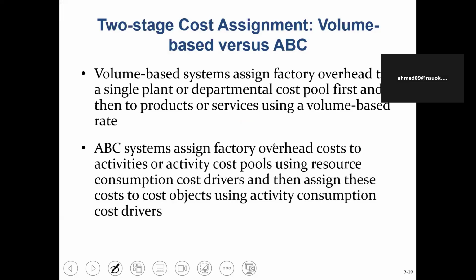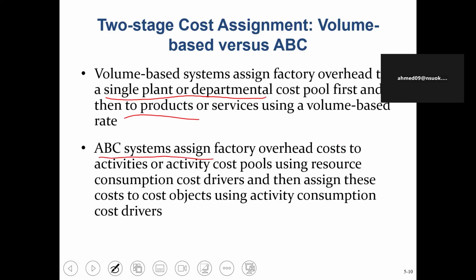The volume-based system: once they calculate the predetermined overhead, they assign factory overhead directly to the single plant-wide or departmental cost pool, and after that they assign to the product.